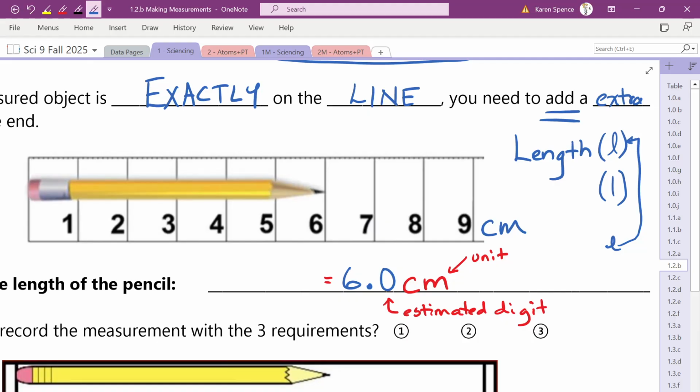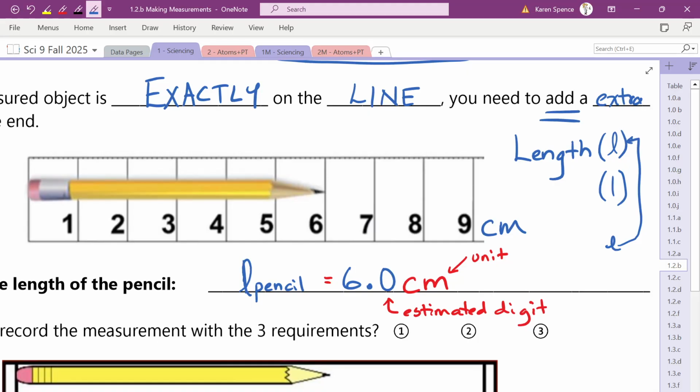Okay? So you could write, but we still want to say that it's the pencil. Yeah? So we could write length of, and then we write it in little letters down at the bottom. Pencil. So that's the length of the pencil. I still like this better because it looks not like the number 1. But it's up to you.